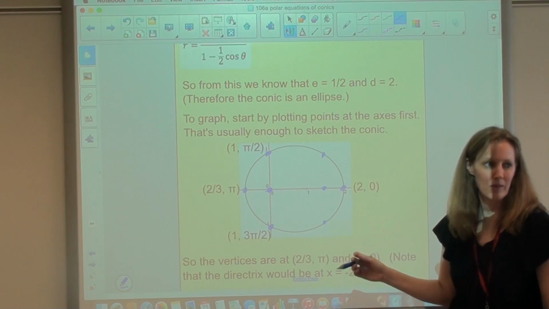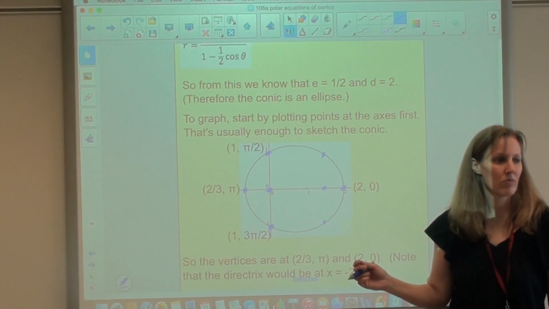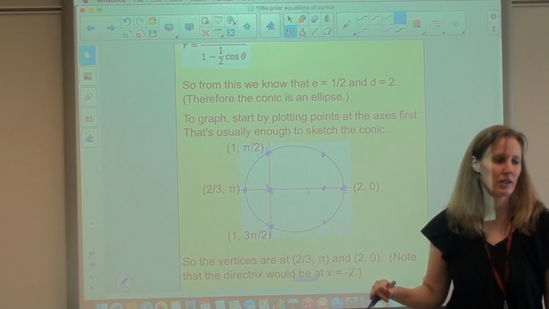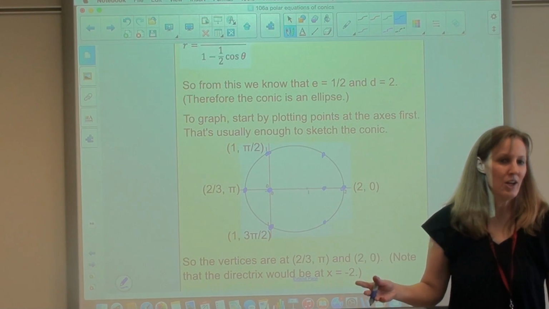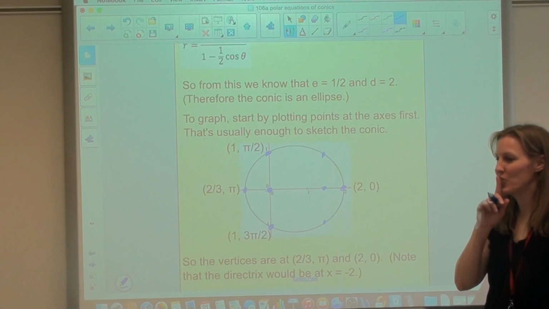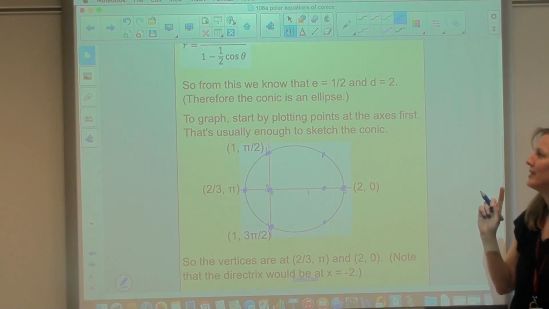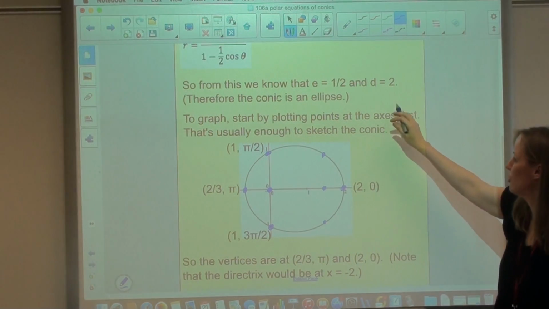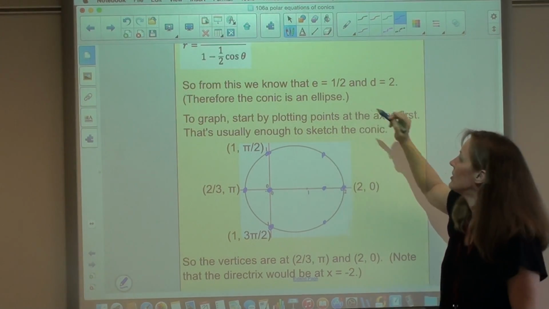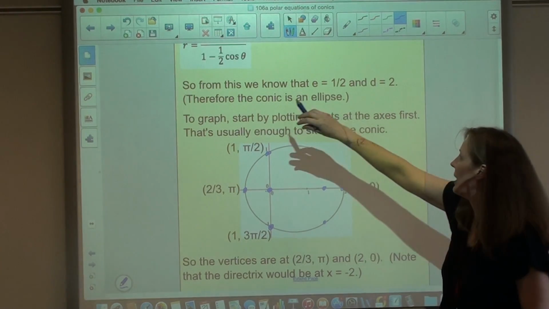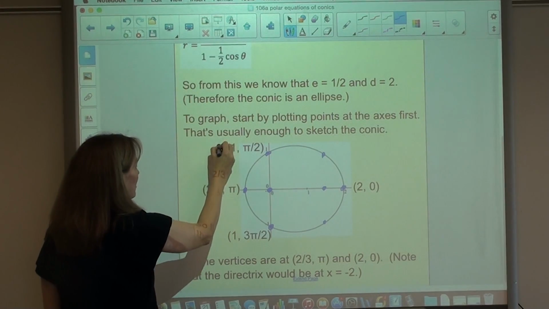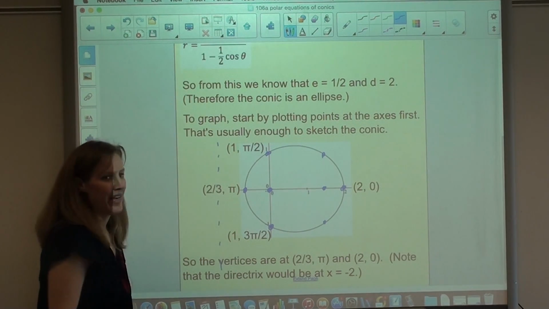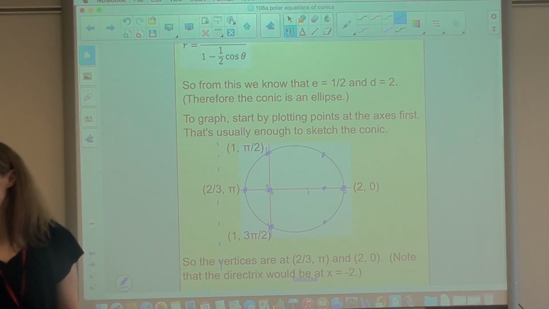Wait, why would you need to find E and D in this case? Because the question says, what's E and what's D? Your D here is 2, but it's a minus, so we go 2 to the left, and that would be one of our directrices.